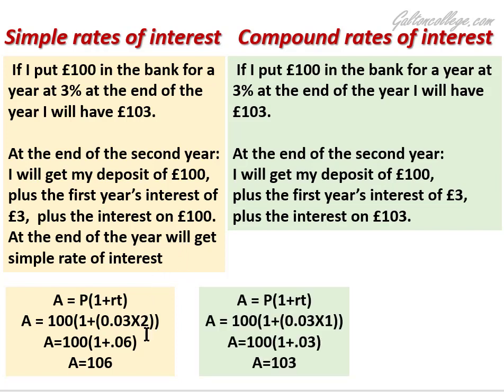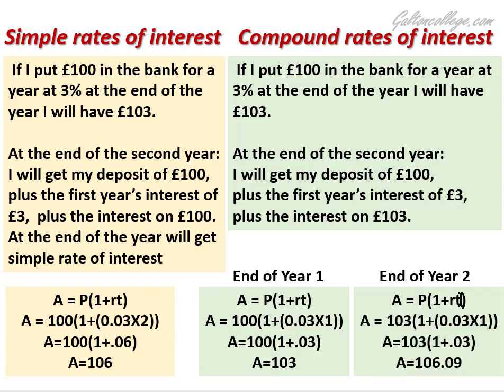So if we look down here, this is how we calculate our simple rate of interest. And for our compound rate, we'll get the first year, which is the same as over here, same as a simple. So we start the same, and at the end of the first year we get 103. We get a 3% return.